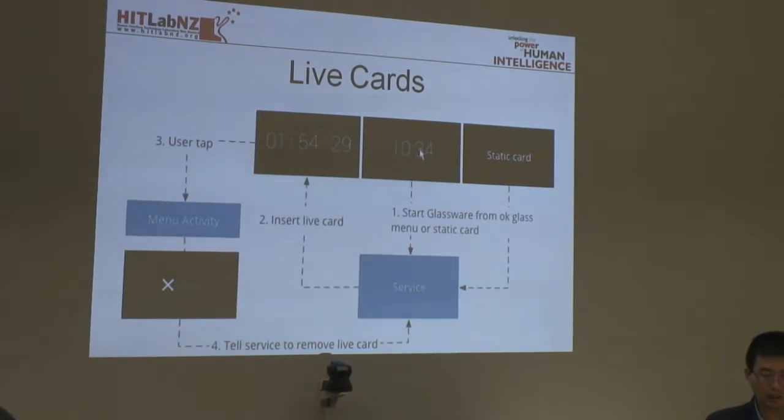Live cards are added by running as a service, which is basically a background application running on the Glass. If you're using an Android phone, I'm pretty sure you might have some services running in the background. So that's how the live card works. It runs as a service in the background, and it asks the Glass operating system to add a live card to the timeline.